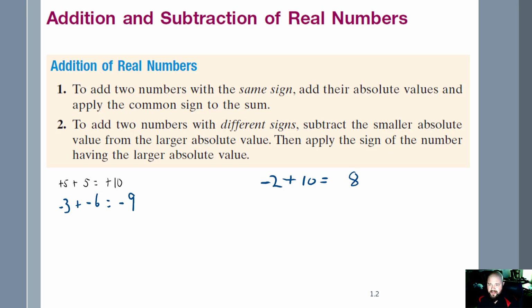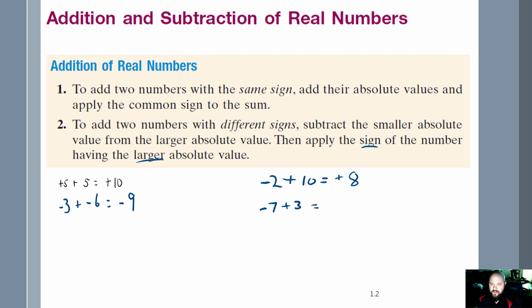And then apply the sign of the larger absolute value. The larger value was a positive, so it's a positive 8. It should make sense, right? You had a positive 10, but you had negative 2, so you're taking away 2 from 10, so it should give you a positive 8. Same thing, let's say you had a negative 7 plus 3.